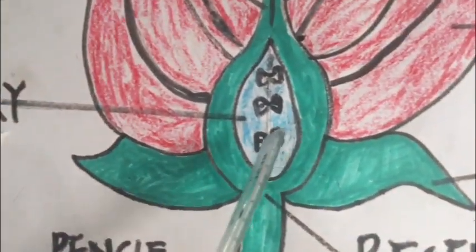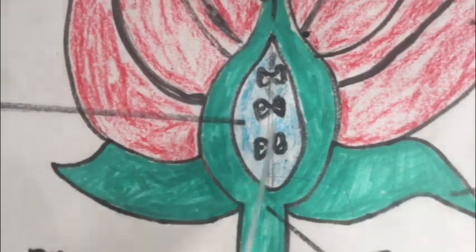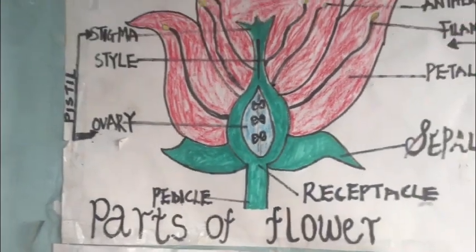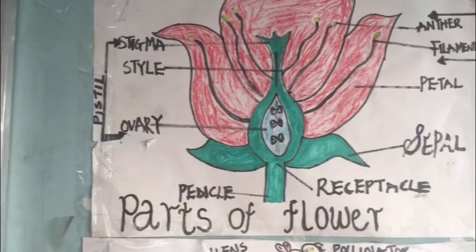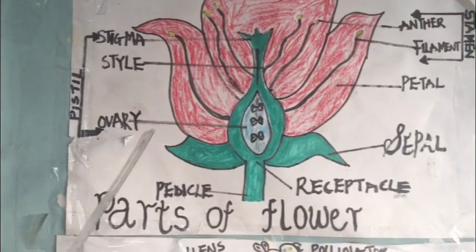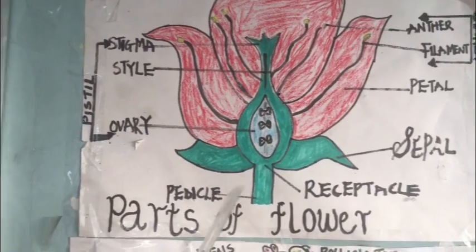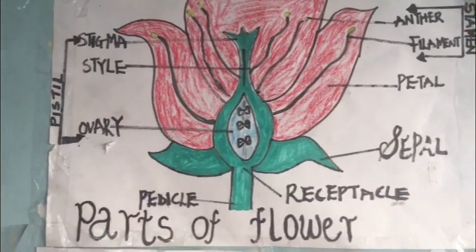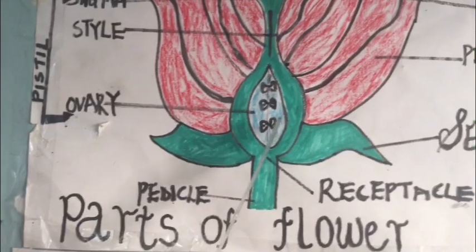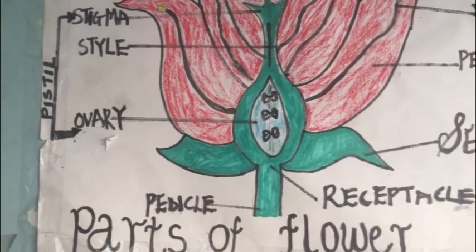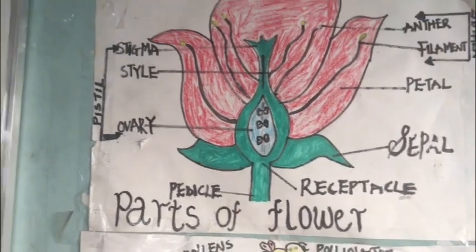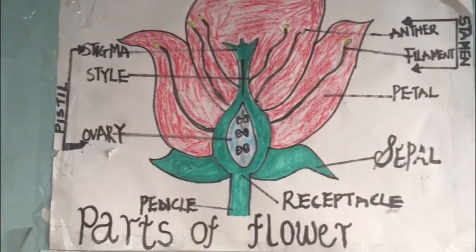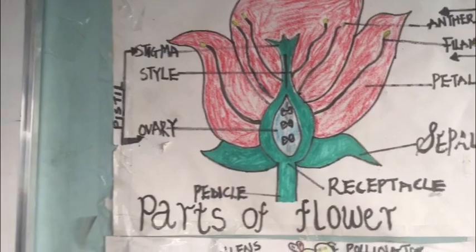You can see the seed-like structures there inside the ovary. And what is the function of the ovary? The function of the ovary is to protect the ovules. So the ovary is like a home for the ovules. It's so interesting knowing about the parts of a flowering plant.